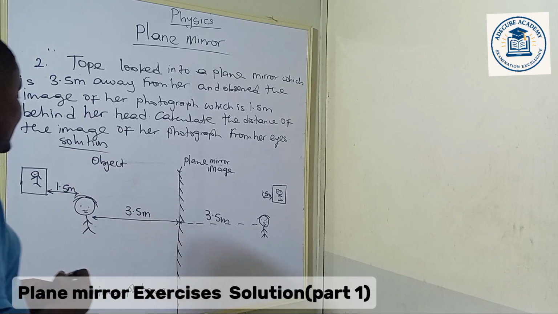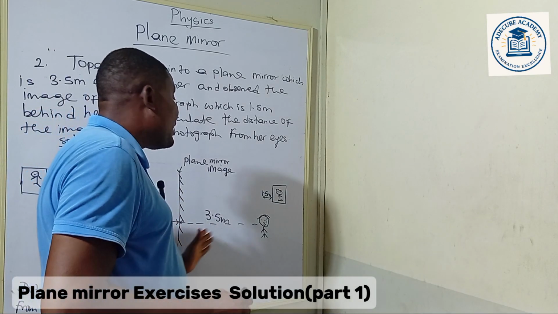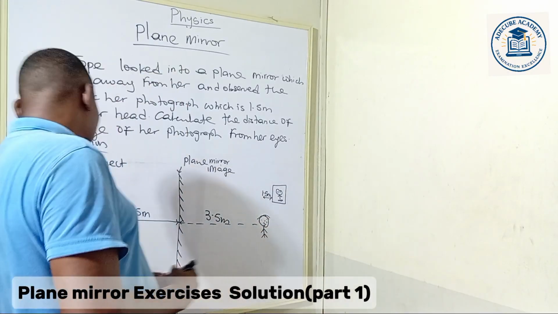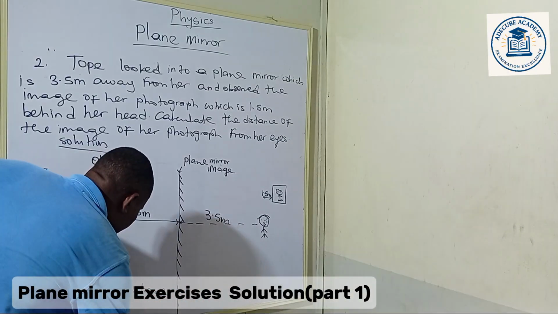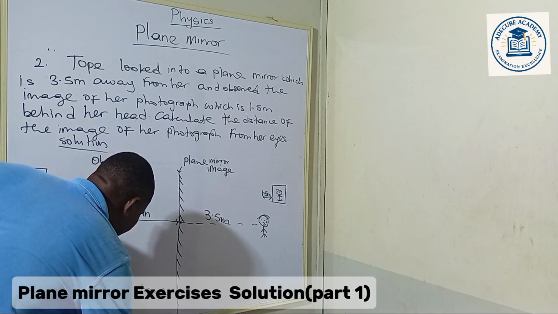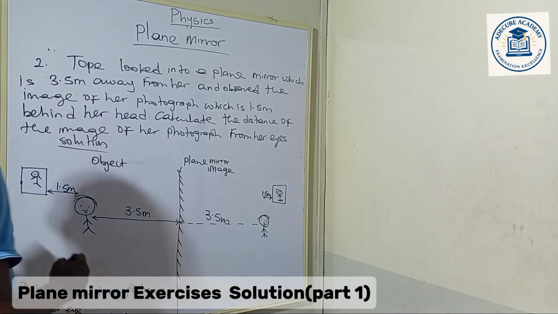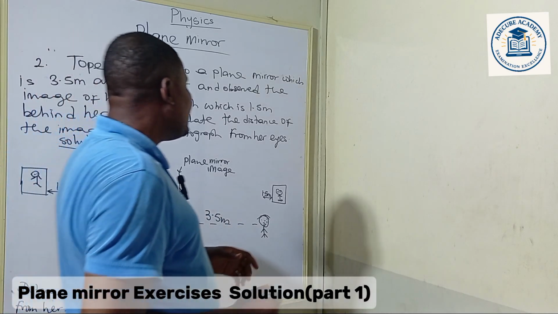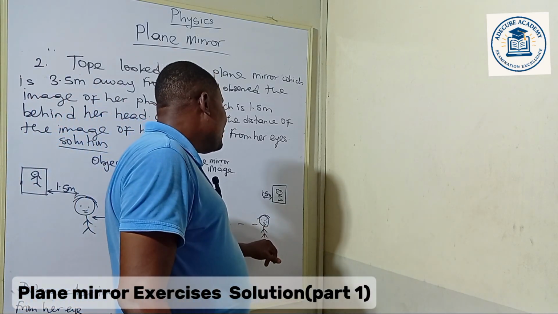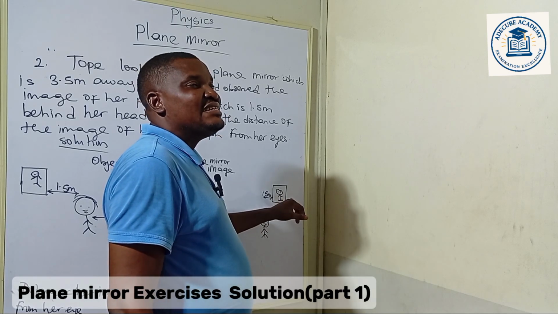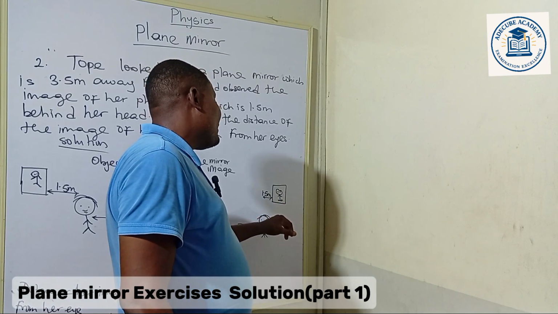plus another 3.5 meters, that is the distance between the plane mirror and the image of Topper. Then plus 1.5. That 1.5 is the distance between the image of Topper and the image of the photograph.